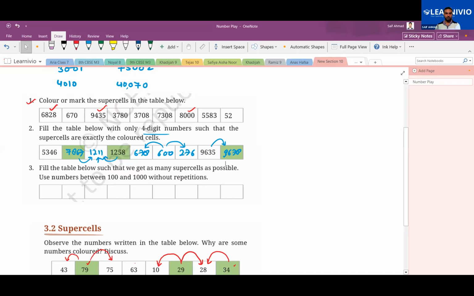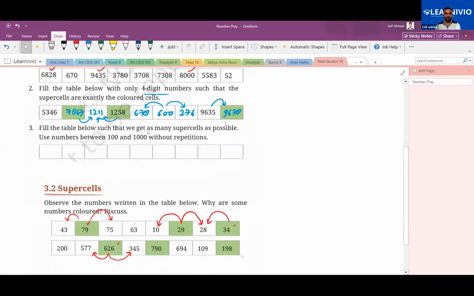Question number 3: fill the table below such that we get as many supercells as possible. Use numbers between 100 and 1000 without repetition. Can you fill it?